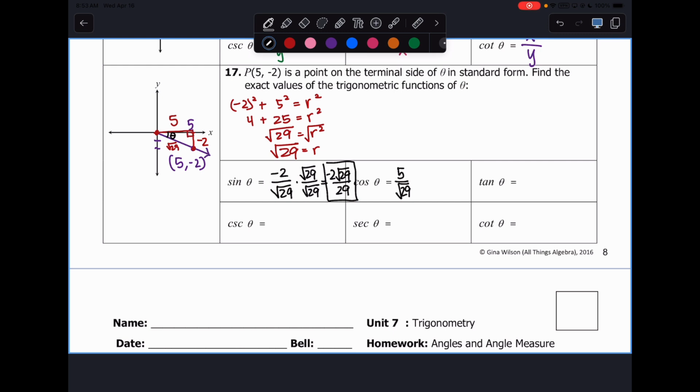So what do we do to both sides? Thank you. So multiply numerator and denominator by rad 29, square root of 29. Then we get 5 square root of 29. And what's on the bottom? 29. You got it.